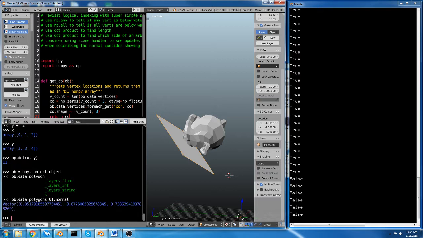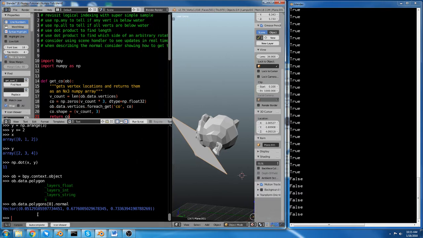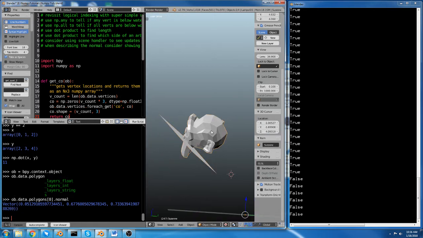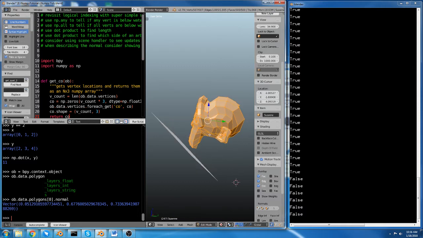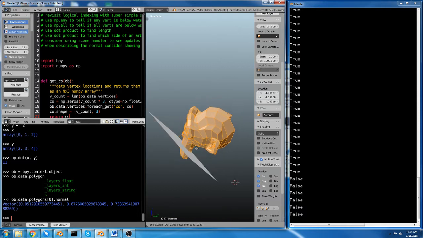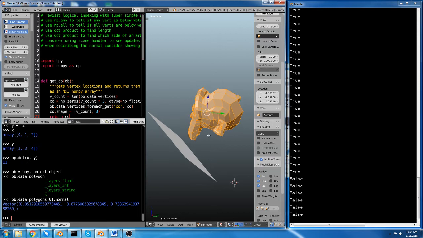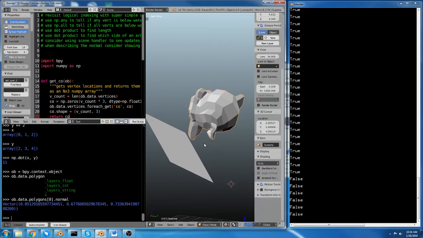And it's this vector which has 3 values. Its x value is 0.05 something, and its y is 0.6 something, and so on. Well, the question of how we would know if any of Suzanne's vertices are on the other side of this plane becomes more complicated with these arbitrarily rotated vectors, and the answer is to use dot products.